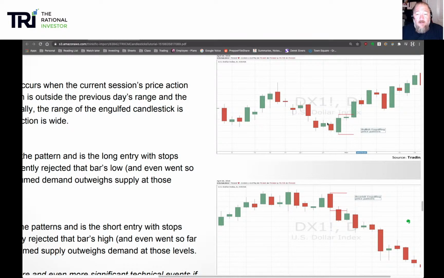All right. So, let me turn my sound off here. For a bullish engulfing pattern, we need to see a green candle engulfing a previous red candle. For a bearish engulfing pattern, we need to see a red candlestick engulf a previous green candle range. Okay.